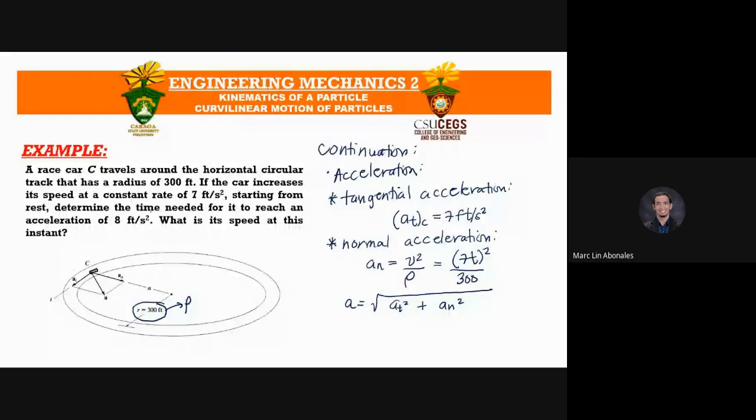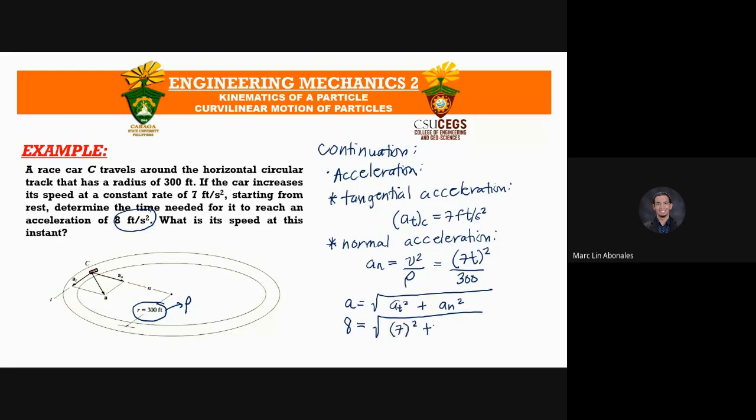So ang final acceleration is mao na acceleration na ma-reach sa to ang race car. So ang a would be the 8 feet per second squared. Ang at is the 7 feet per second squared, mao na ang constant rate. So that is 7 feet per second squared.